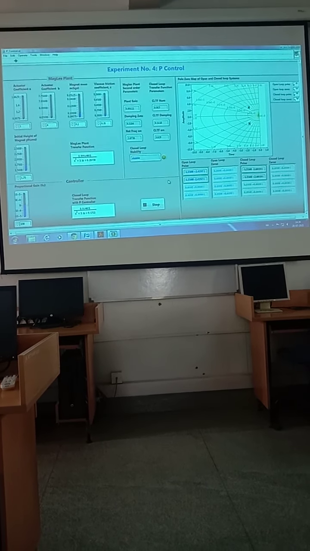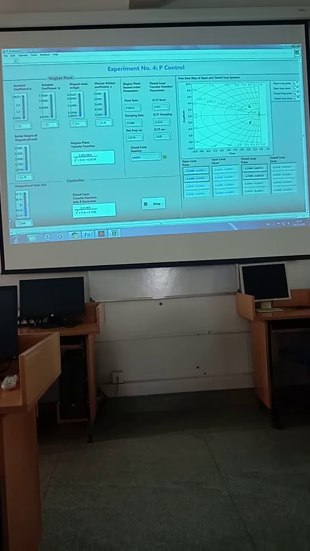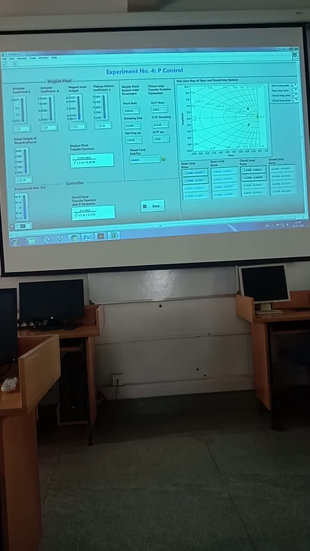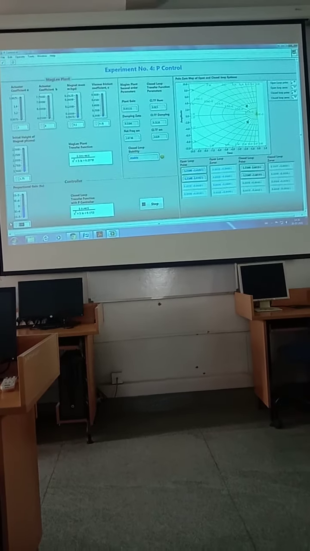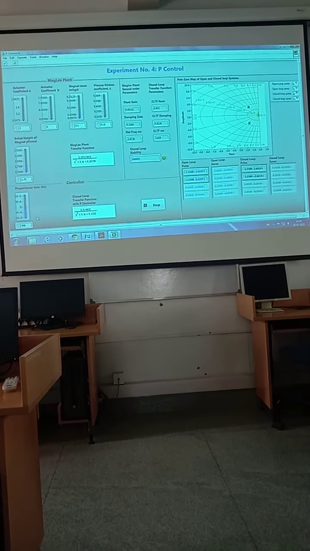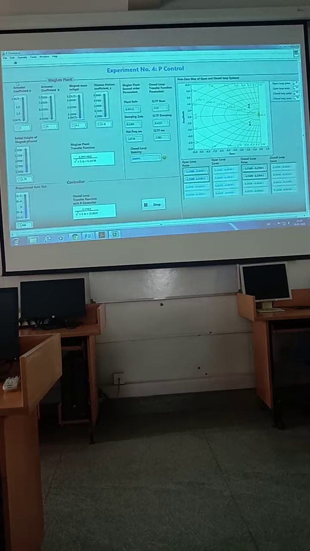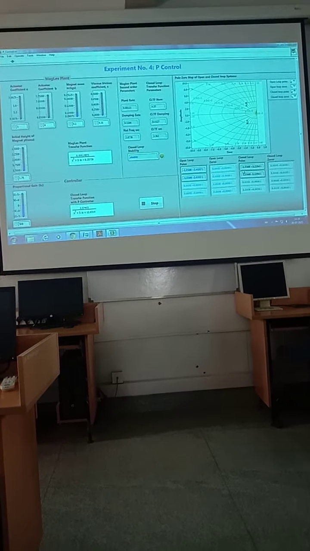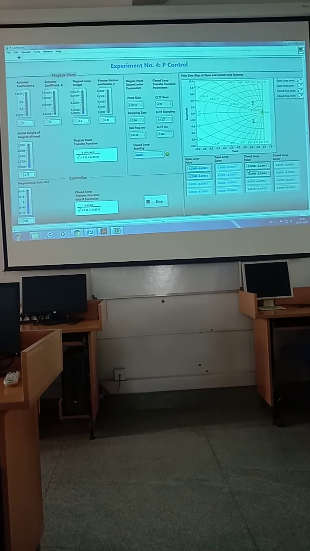Now if I increase the proportional gain value, what happens? If I increase it to 500, see what is happening to the closed loop poles.